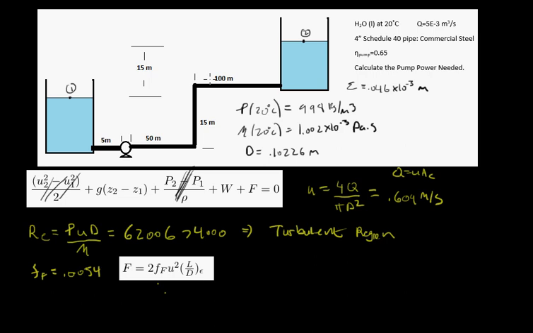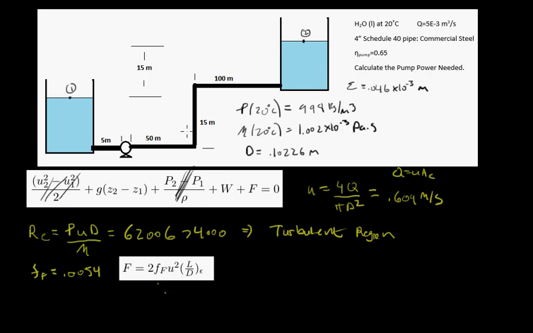So if we look at our drawing here, we have a sudden contraction, so we're going from a large volume to a small volume. And then we have two standard 90 bends or elbows. And then we have a sudden expansion. So sudden contraction, sudden expansion, and two standard 90s. Each of those is going to have an L over D effective.